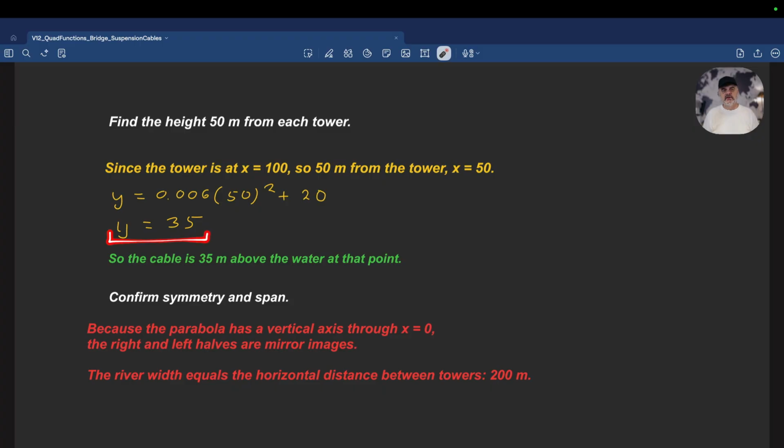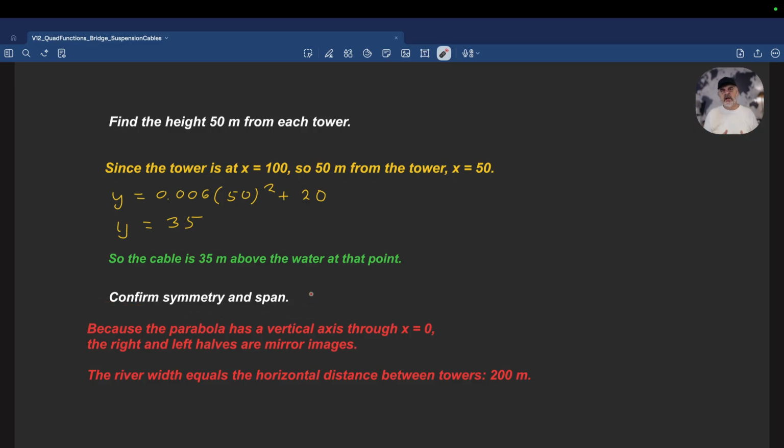So y is equal to 35 when you do the math. You raise 50 to the power of 2, 2500, times this very small number, then add 20, and voila, 35 is the height of the cable above the water surface.